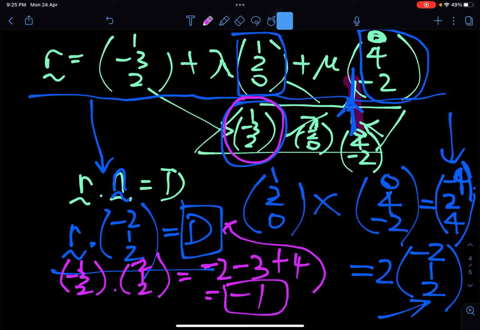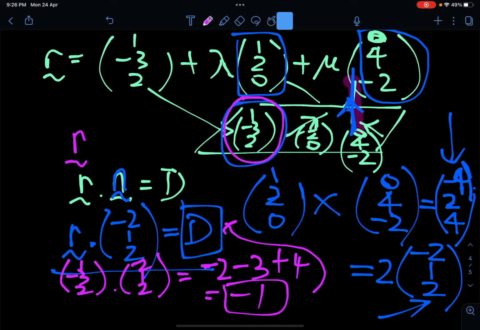It means the r dot n format would simply be r dot (-2, 1, 2) equals -1.